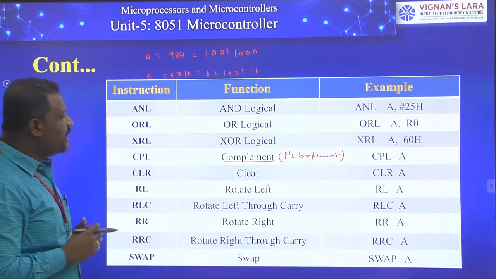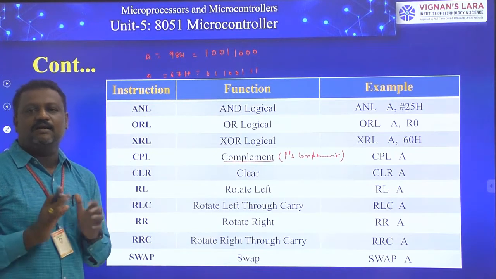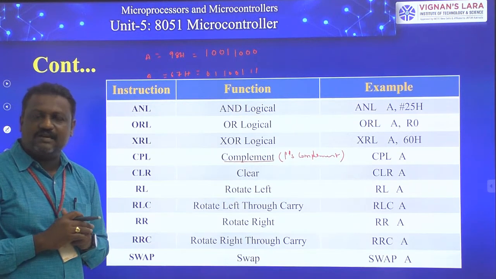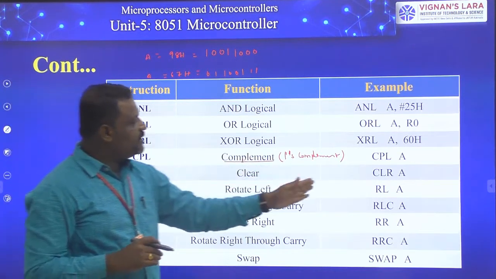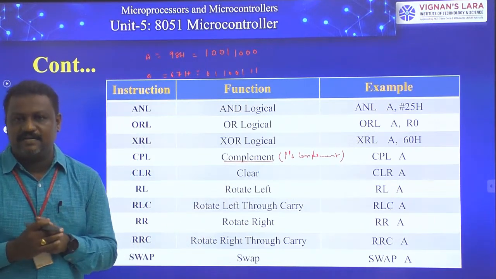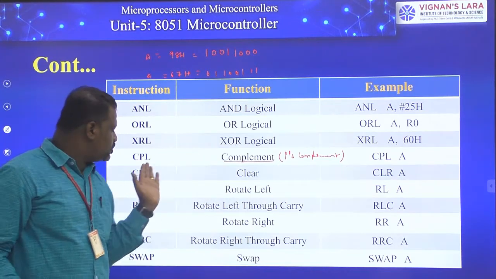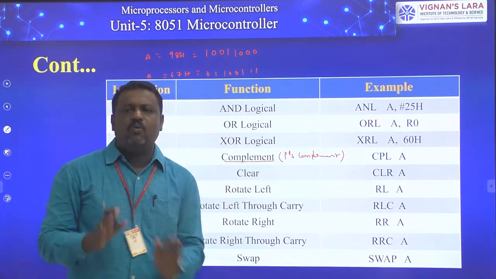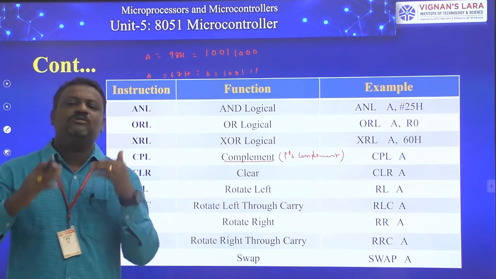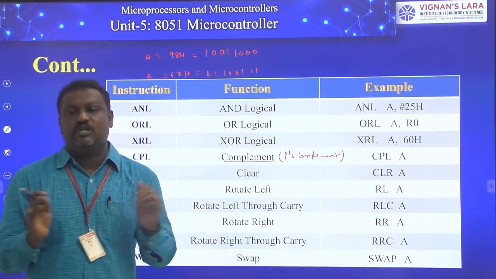And next coming to another instruction, CLR. CLR means clear. My example is CLR A, which means clear accumulator content. That means by execution of CLR A, all the data that exists in the accumulator will be changed to 0.